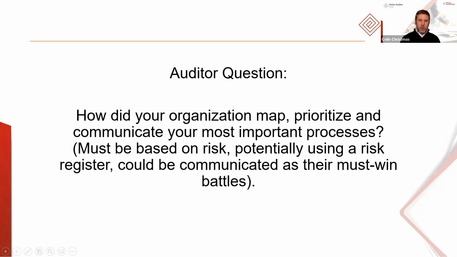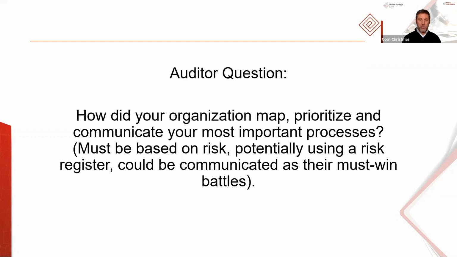And then a good question as a food safety auditor that I ask organizations: how did you map, prioritize, and communicate your most important processes related to your food safety management system? What we're looking for from a good organization is the organization has prioritized their processes based on risk.